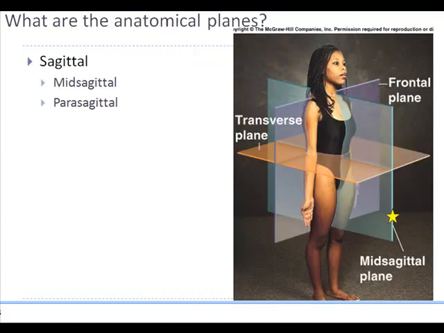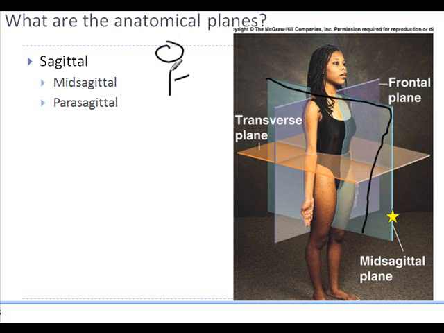Another one is these three planes, and these three planes are imaginary planes. The first one we want to look at is the sagittal plane. Let me draw a person over here.